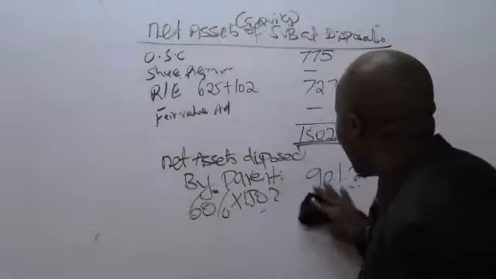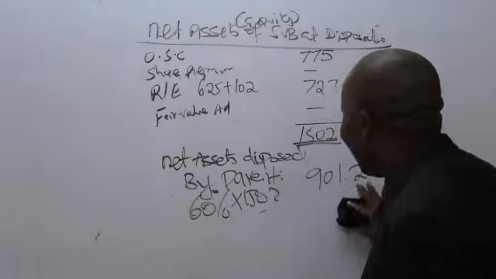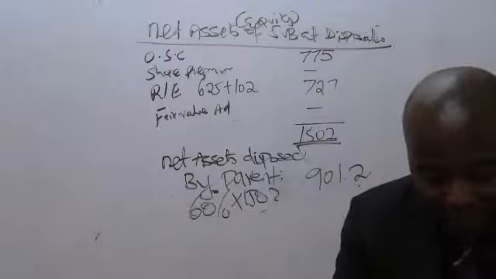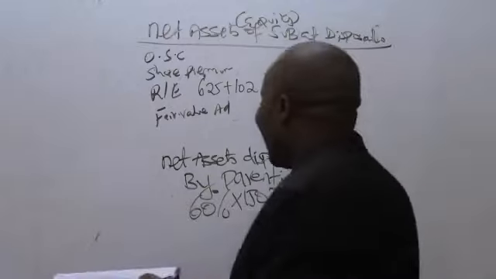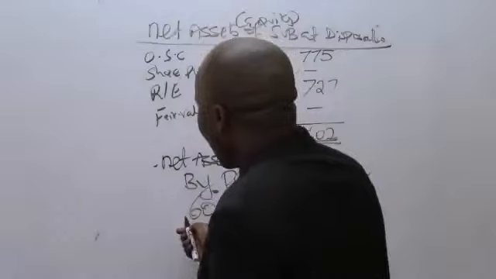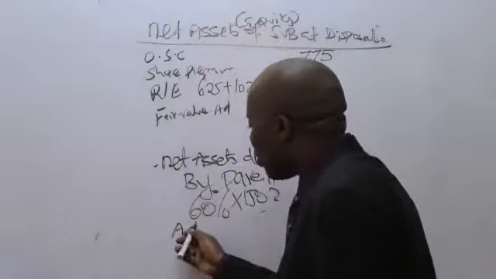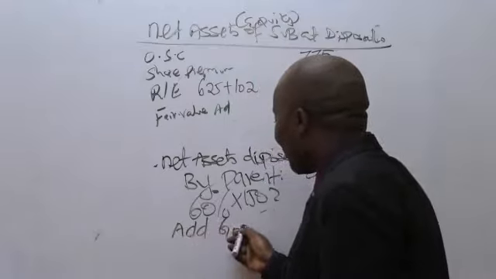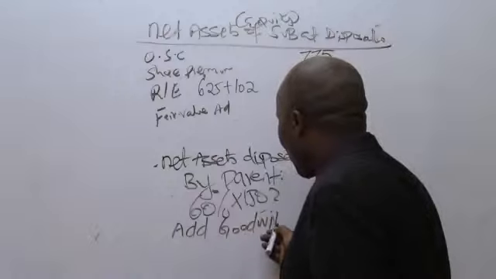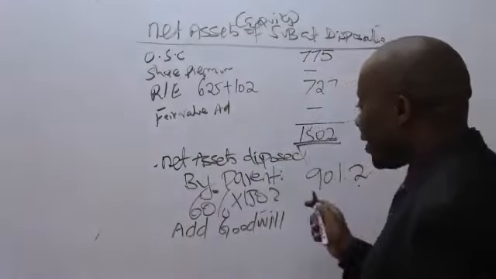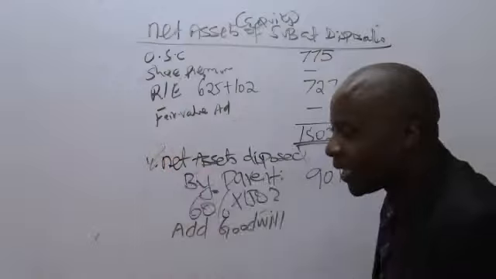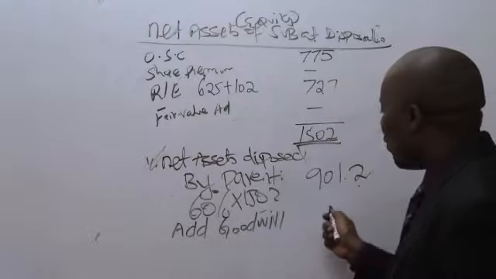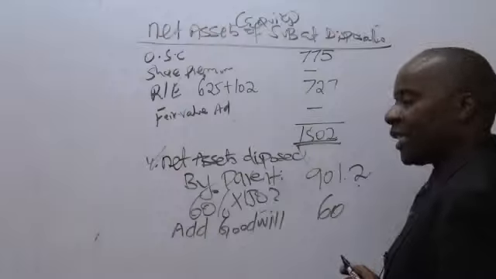These guys had an asset we call goodwill. So at the date of disposal, they had an additional asset which is not here, goodwill worth 60.